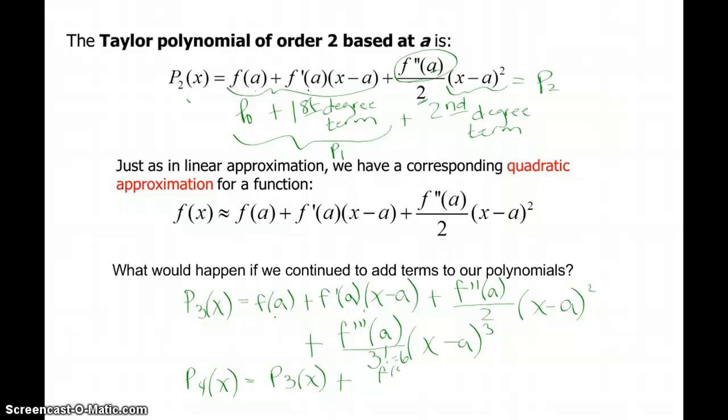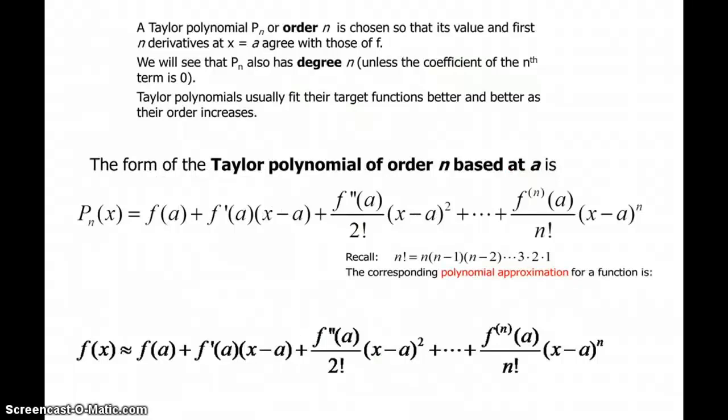We would take the fourth derivative, evaluate it at a, and divide that by 4 factorial, which we're going to see equals 24, times the quantity x minus a to the fourth. So you see a pattern. We can build these polynomials really easily just by following that pattern.